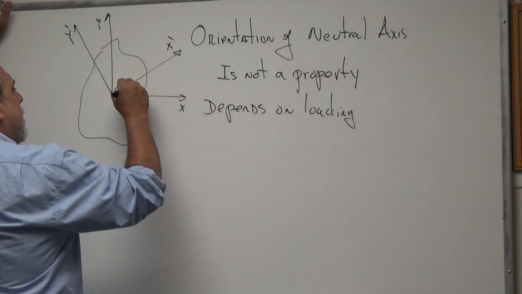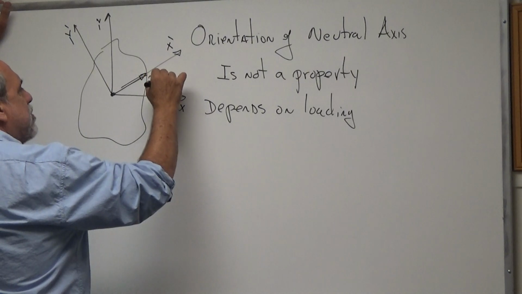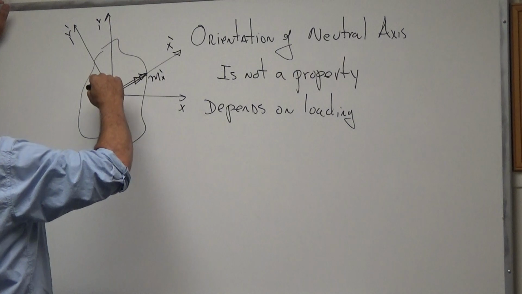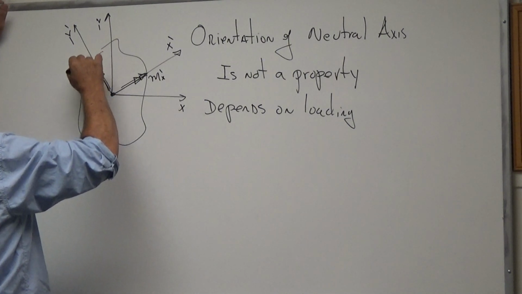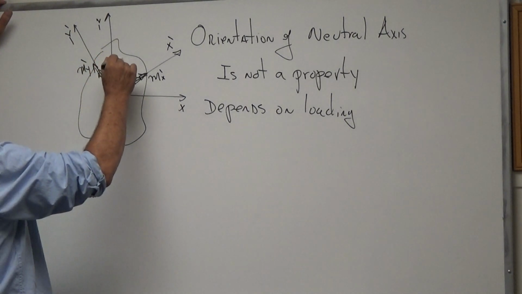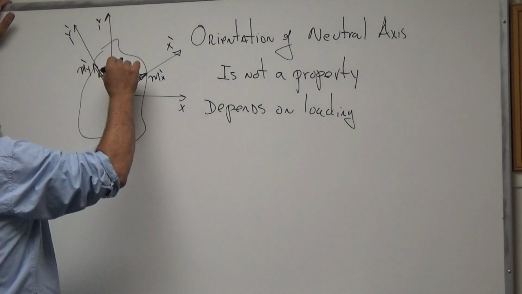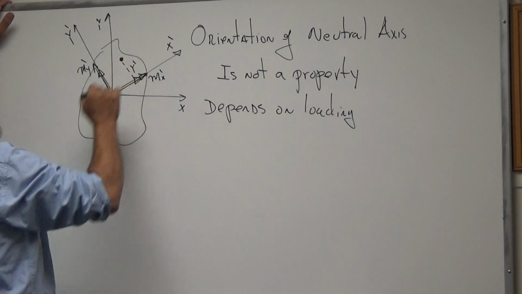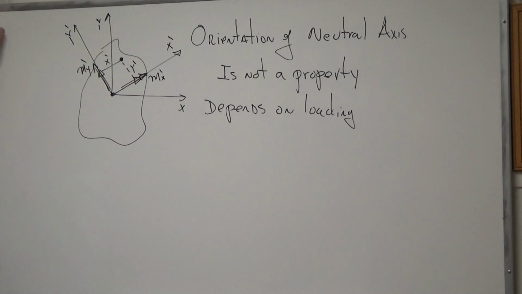So let's say that I have a moment that I'm going to call Mx prime, that is positive if it's oriented with the x prime. And let's say that I have a moment My prime that is oriented positive with the y prime. And let's say that I have this point here, located at a distance y prime from that axis and x prime from this axis.